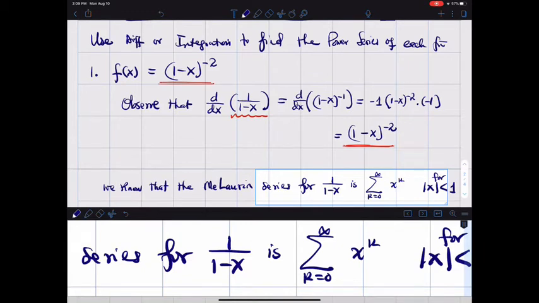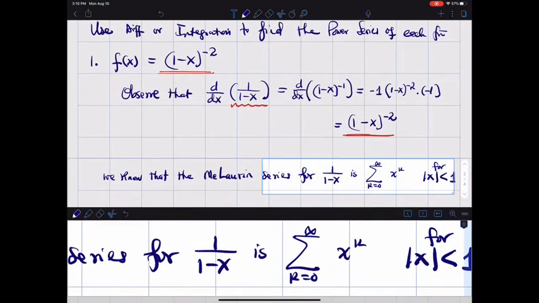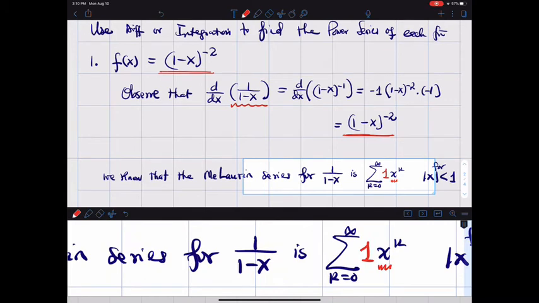You can even think of this as a geometric series where a is 1 and r is x, and when it converges, its sum is a over 1 minus r, in this case 1 over 1 minus x.